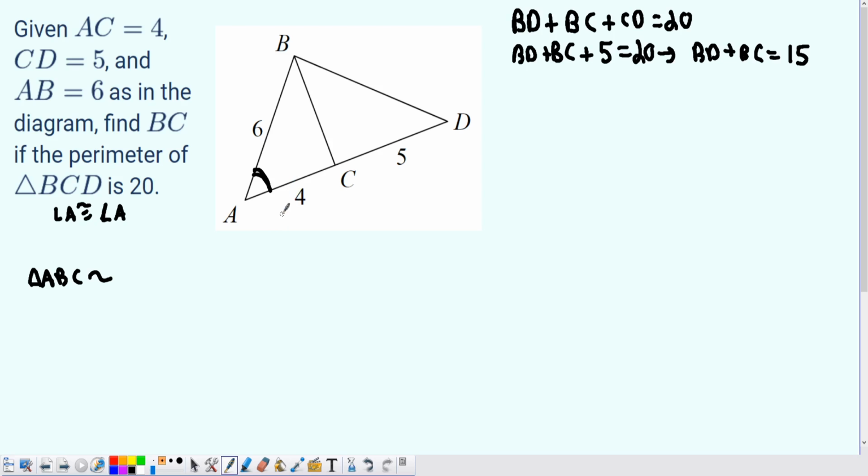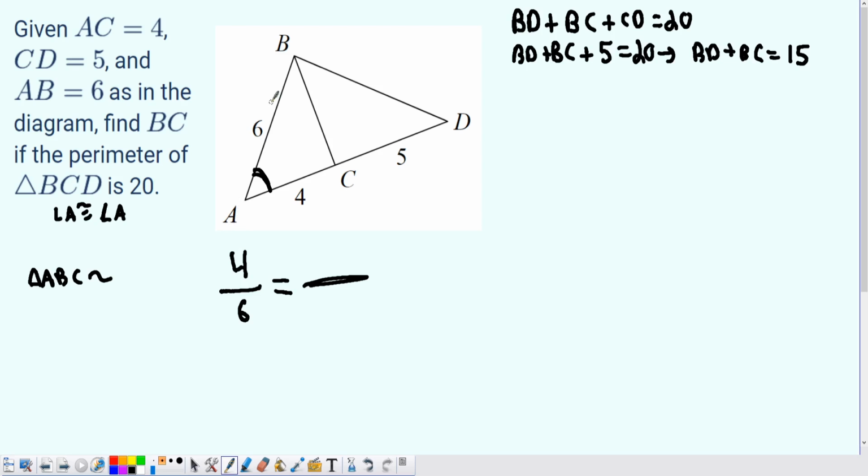Looking at ABC, and going off of what we know, we can make a ratio of the two sides of ABC with the angle A between them. So how about we just do a ratio of 4 over 6. The smaller triangle ABC, that's our ratio. Now we need to compare that to the larger triangle's ratio, ABD. So what would that one be?